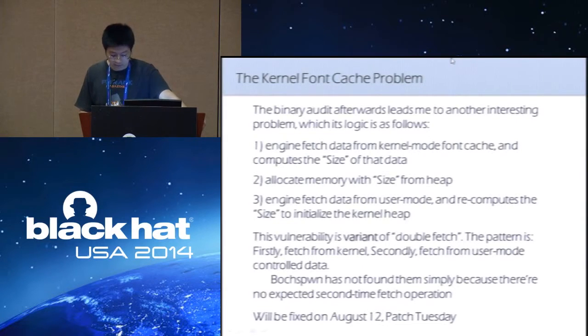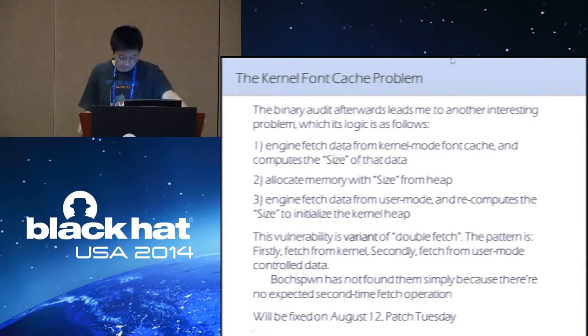It's a nightmare to see any inconsistency between the kernel cache and the user mode controlled data. It's a whole new kind of vulnerability pattern, and the vulnerability is a variant of double fetch.